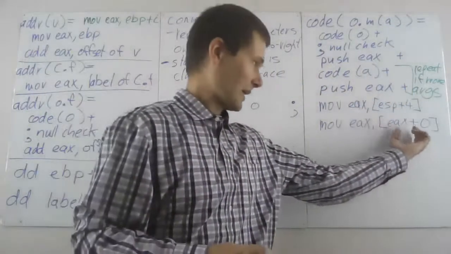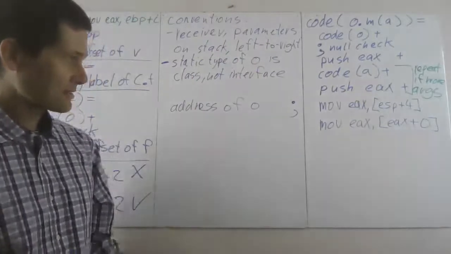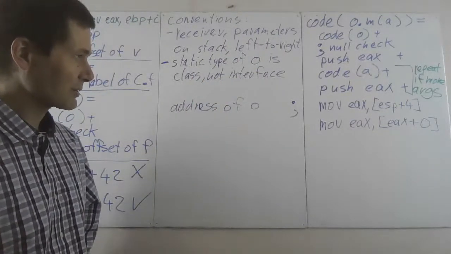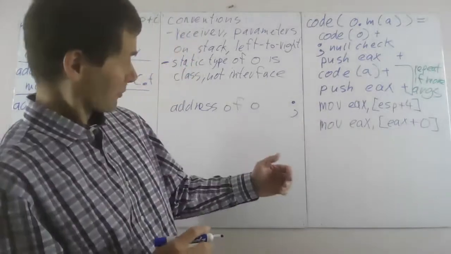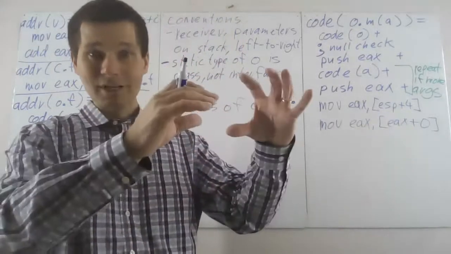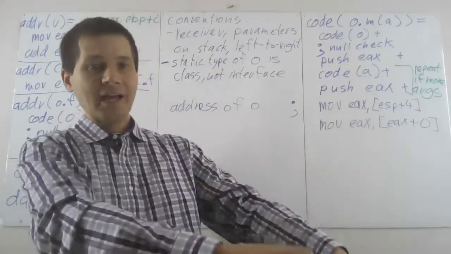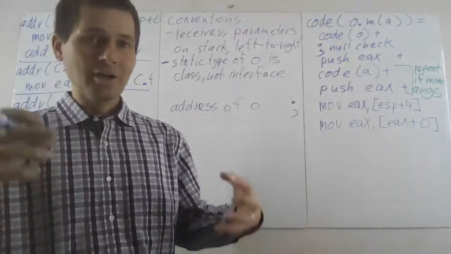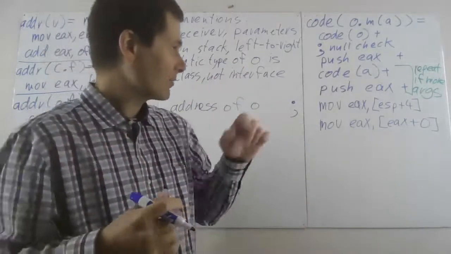So I can say EAX+0 or just EAX. The assembler is going to generate the same machine code for both, hopefully. But anyway, I'm just dereferencing EAX, reading that first word of the object, and that gives me the class information of the runtime type of that object.